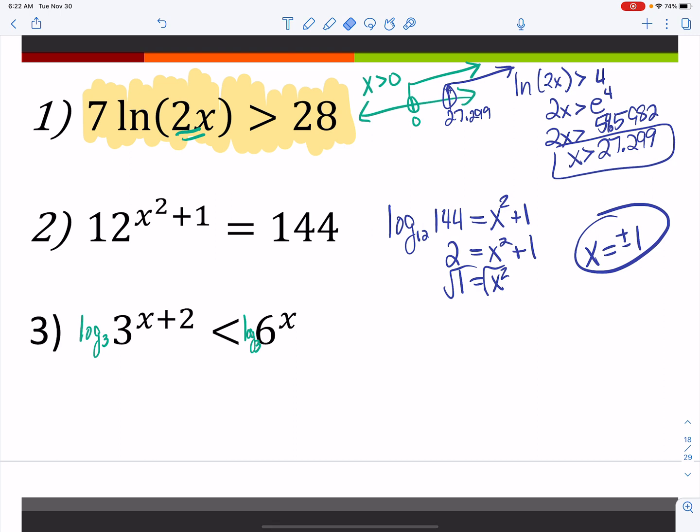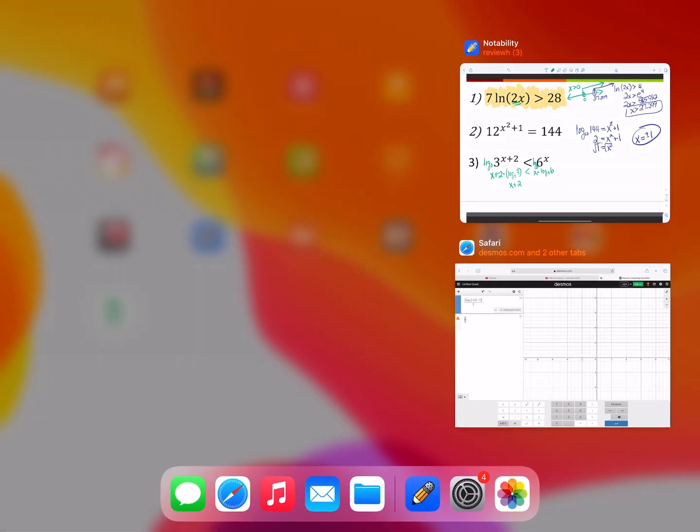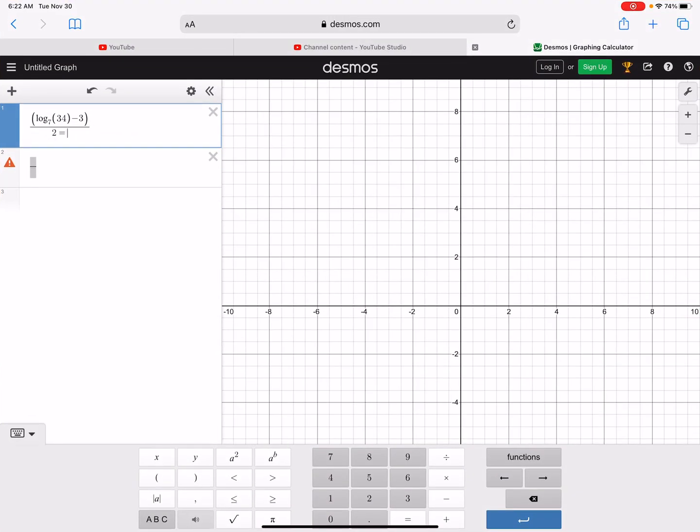So now this would be x plus 2, because you're pulling that out in front, times the log base 3 of 3, which just comes out as x plus 2. This side ends up being x times the log base 3 of 6. So now I got to go to Desmos because that's easier on Desmos.